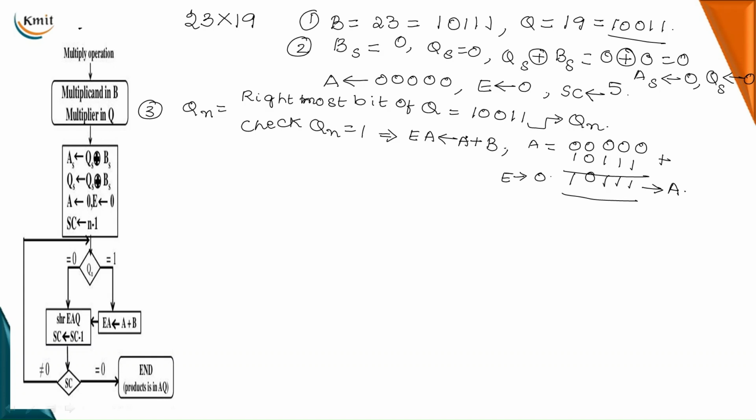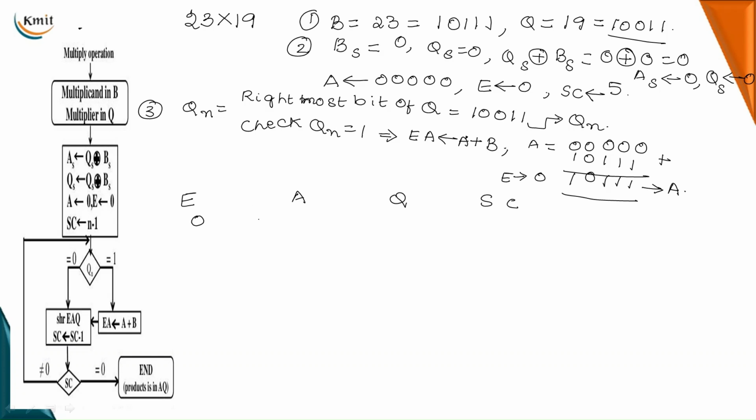Right, now the contents of E is 0 and A is 10111. Now E, A, Q and SC. So what is the content of E?